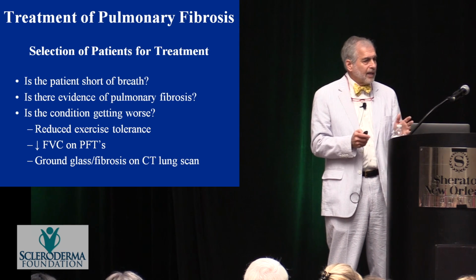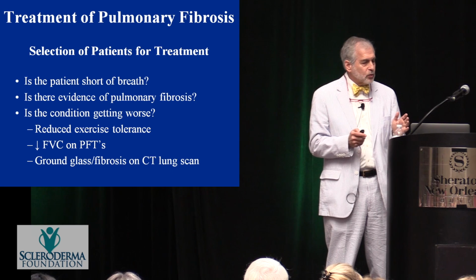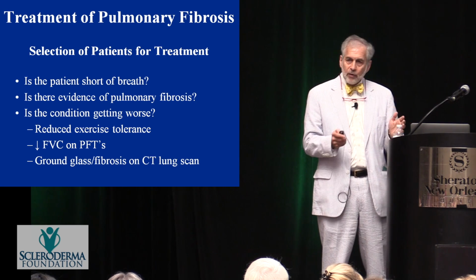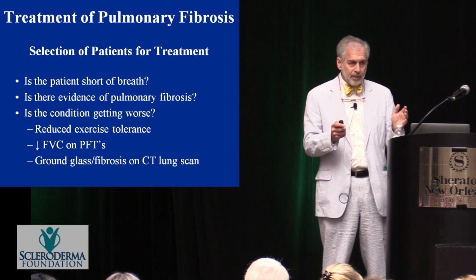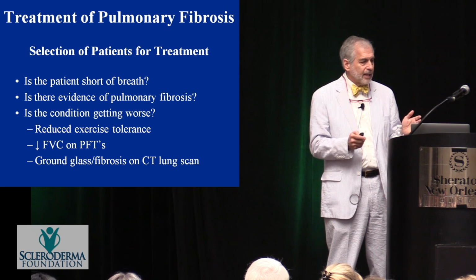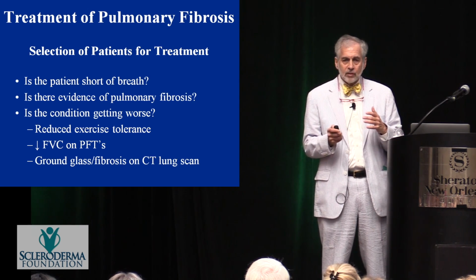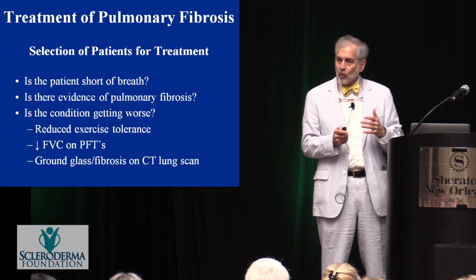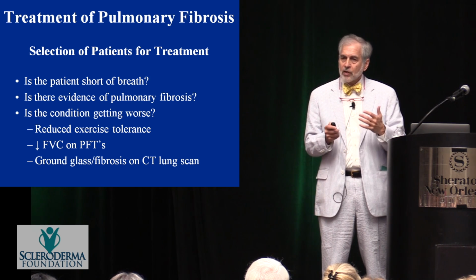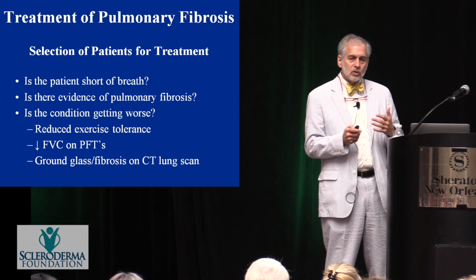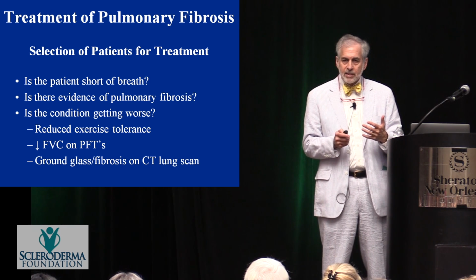So we want to find out, is the patient short of breath? Is there evidence of pulmonary fibrosis by PFTs, by CAT scan, and how severe is it? And what's really important to me as a clinician is, is it getting worse? All of a sudden, have you slowed down in your work capacity?